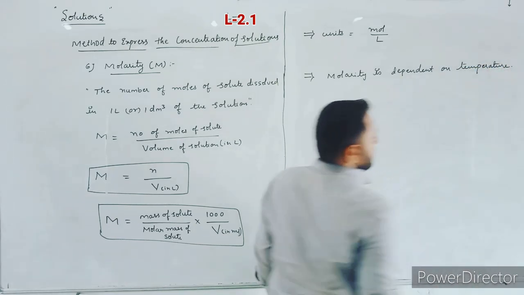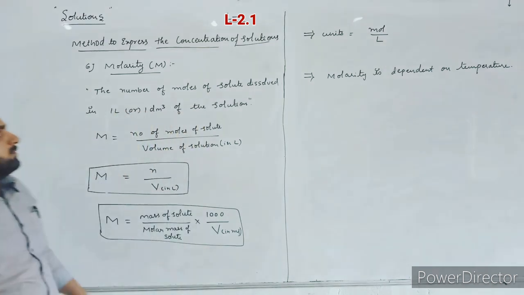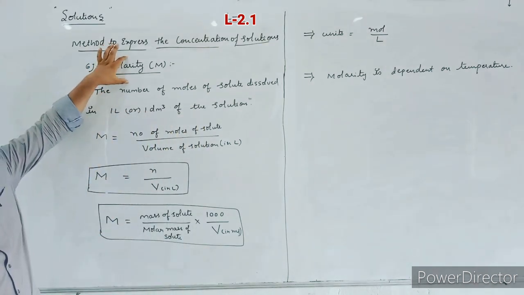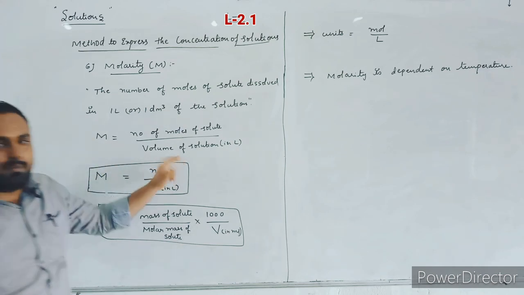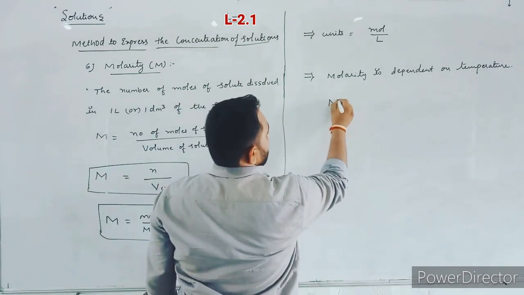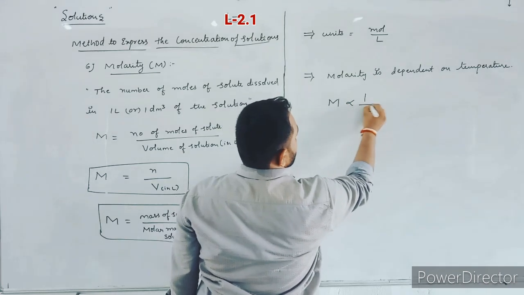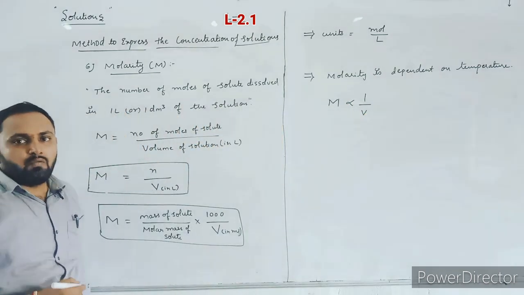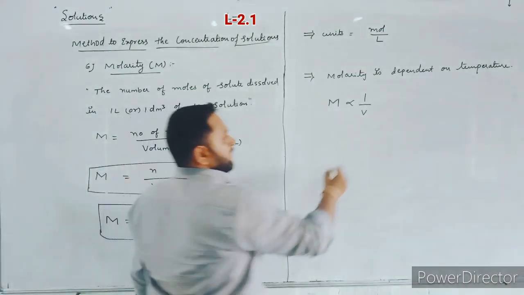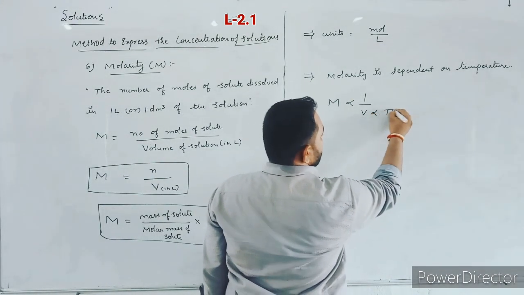Why is it dependent on temperature? Because molarity is a volume related method. Molarity is inversely proportional to volume of solution. Now tell me, what is the relation between volume and temperature? Volume is directly proportional to temperature.